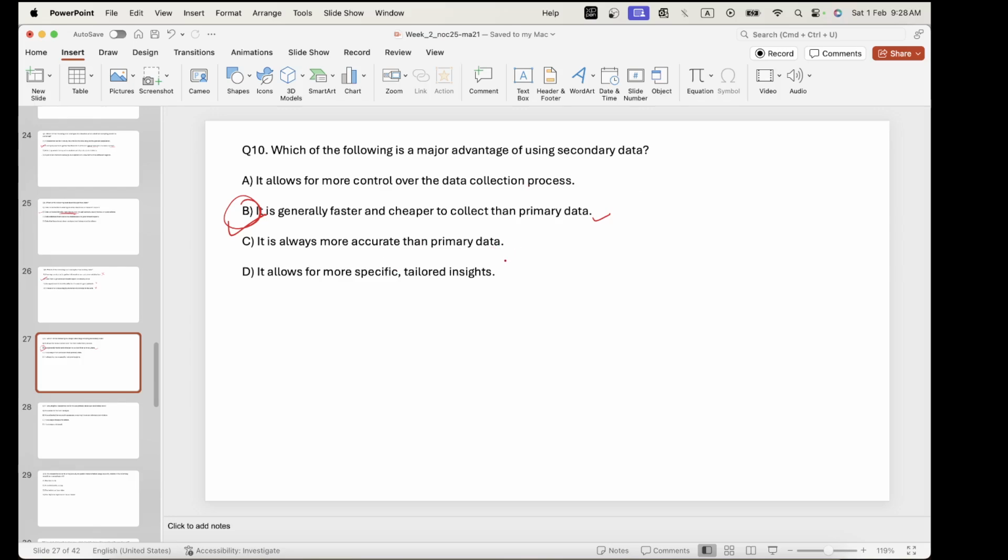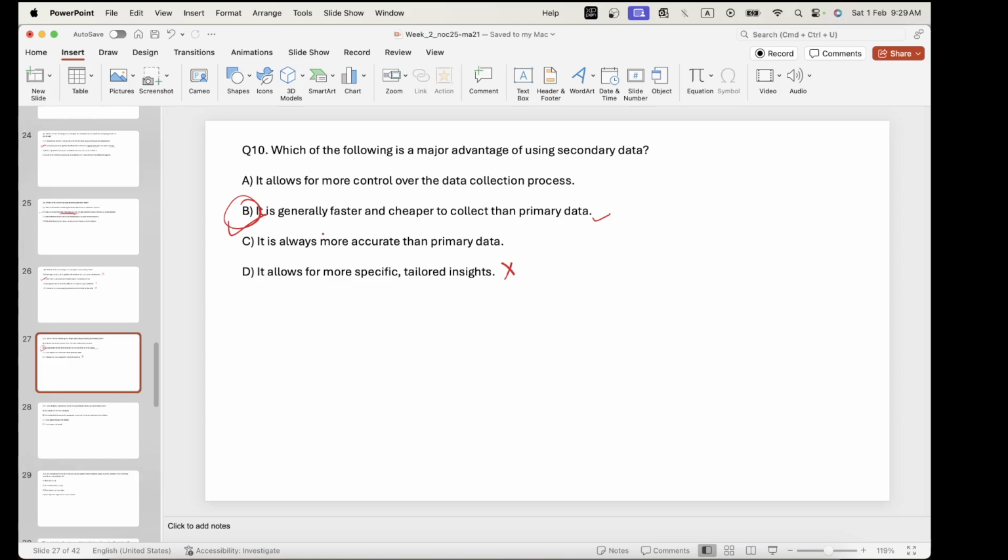Well, you don't know what sort of assumptions went into collecting the data, so it might not be accurate. Always allows for more specific tailored insights? This is definitely a no, because if your target population is youth and you have information across all age groups, then that is not tailored to your specific needs.